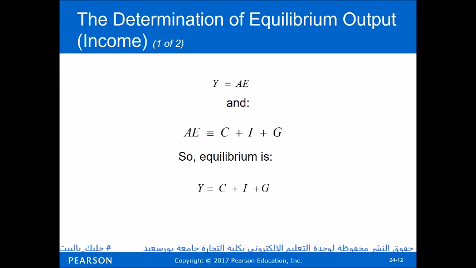And we know that AE, or aggregate expenditure, equals C plus I plus G. So equilibrium is achieved when Y equals aggregate expenditure, which is the sum of C plus I plus G, or simply, the equilibrium condition using the first approach can be written as Y equals C plus I plus G.